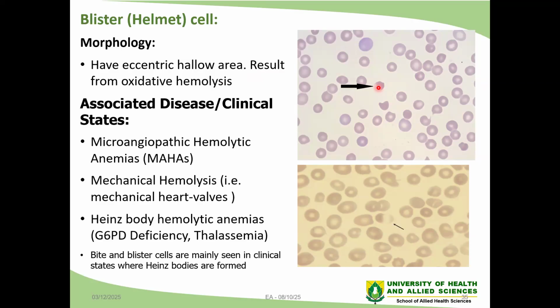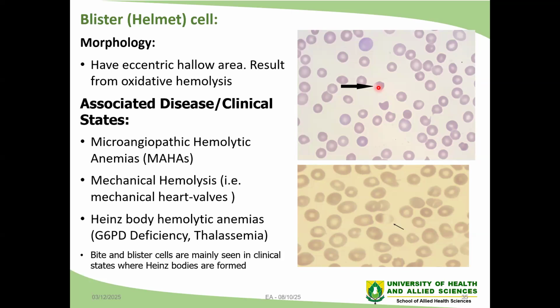And this is usually as a result of the cell undergoing some oxidative damage to hemoglobin. The results of oxidative damage to hemoglobin would cause the formation of some inclusion bodies, which macrophages will attempt to remove from the red cell. And in doing so, they end up producing the blister. And why the name blister cell? When the blister actually breaks, it forms a helmet.